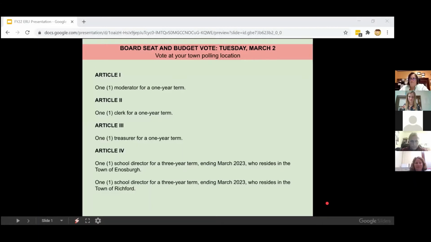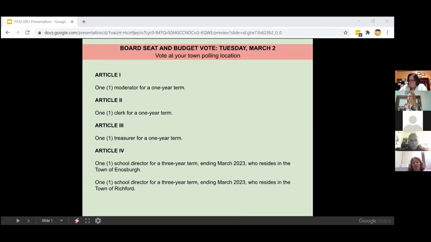Great, thanks. So what we're going to do is start going through the articles that you'll see on the warrant. Again, at the top of the slide, you'll see that the board seat and budget vote will be on Tuesday, March 2nd, our normal town meeting day. But unfortunately, we will not be gathering due to COVID restrictions.